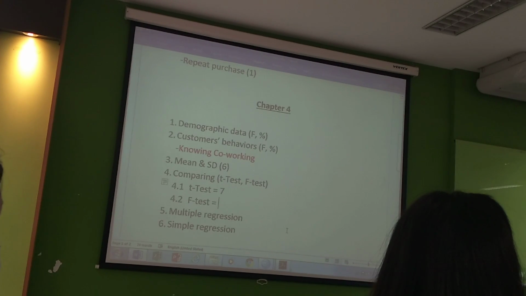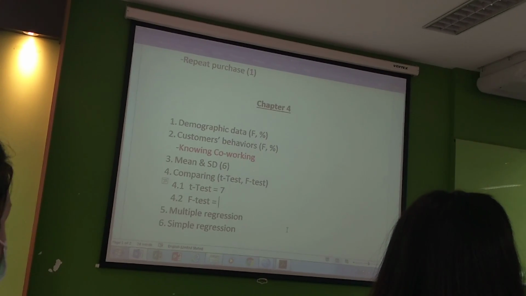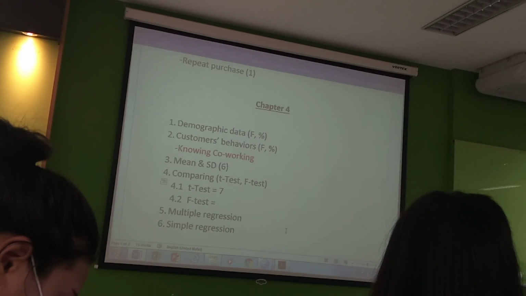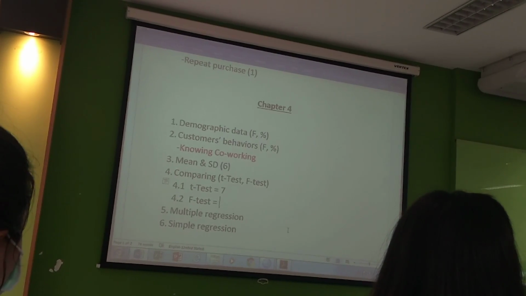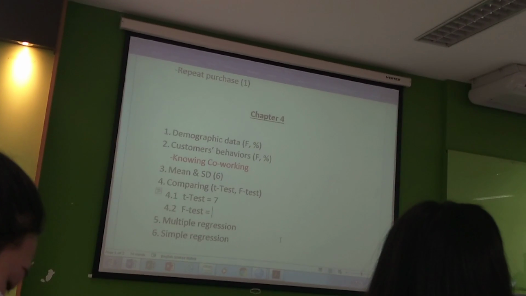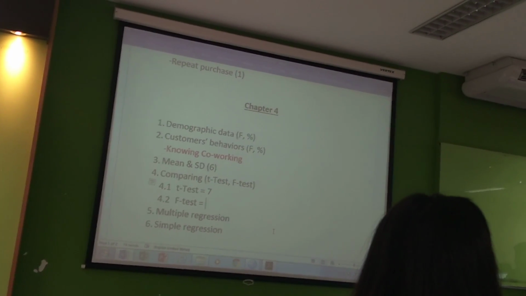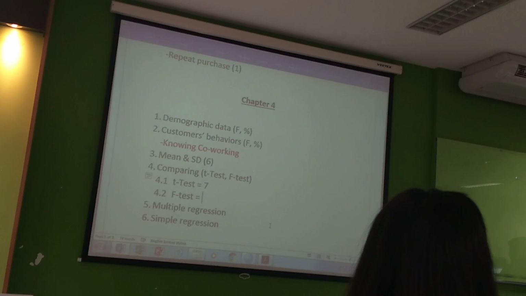Okay, let's say you have 5. Okay, let's say you have 6. With 6, you have to take 1 out, the gender. So 6 minus 1 is 5, 5 times 7.